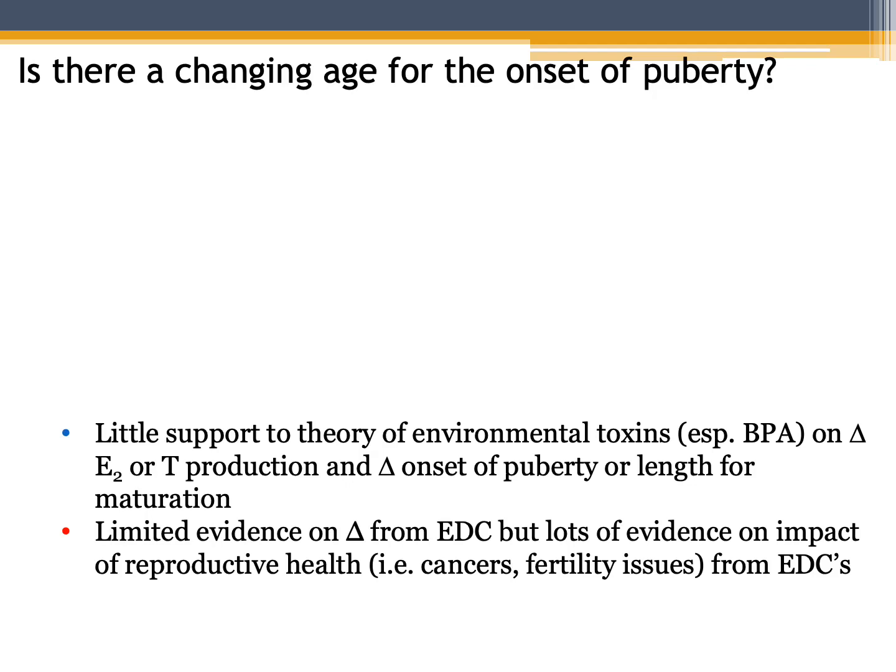Now, there is indication that BPA and other endocrine disrupting chemicals do impact reproductive health in both cancer issues as well as fertility issues stemming from the endocrine disrupting chemicals, especially the estradiol-like endocrine disrupting chemicals, but there's no evidence to indicate that it actually changes the onset of puberty.